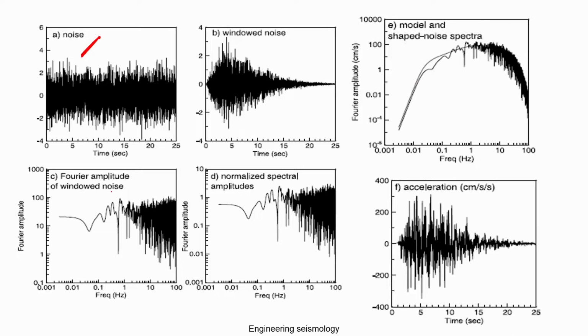Then the Fourier amplitude of the same window you can get here. Then the normalized spectral amplitude you get. From this you get an acceleration time history by again applying the inverse Fourier transformation. So, this data is basically your required ground motion simulation data. This is what you do at the end of the simulation.